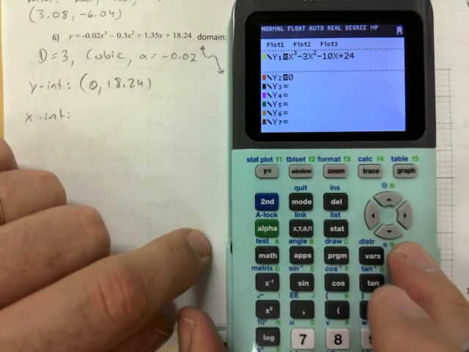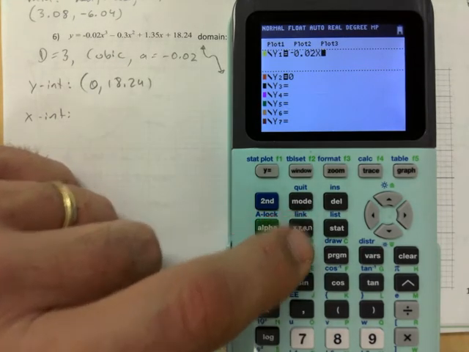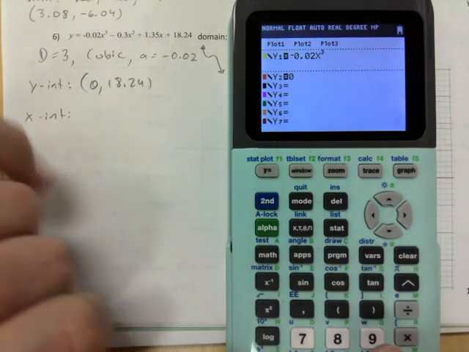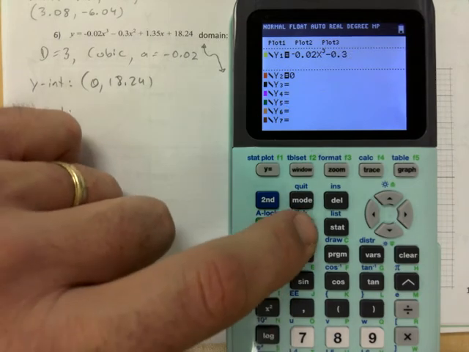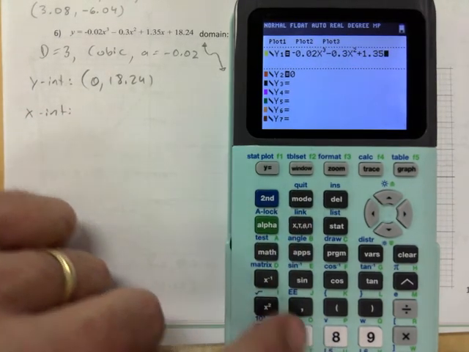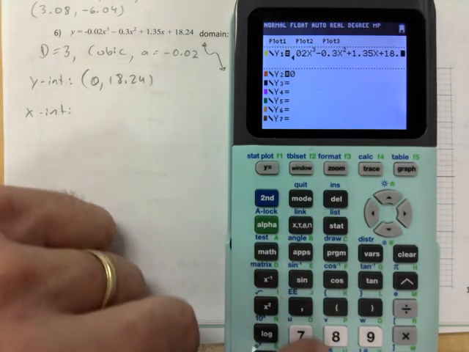So I'm just going to go ahead and enter negative 0.02 x to the power of 3, make sure you come back down, minus 0.3x squared plus 1.35x plus 18.24.